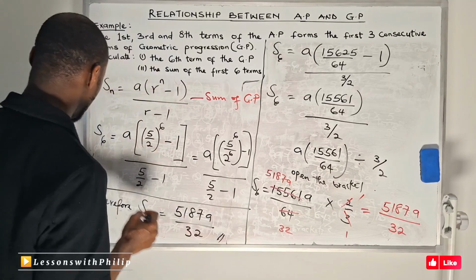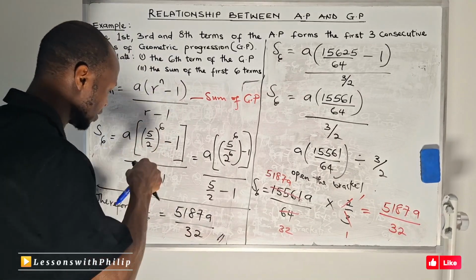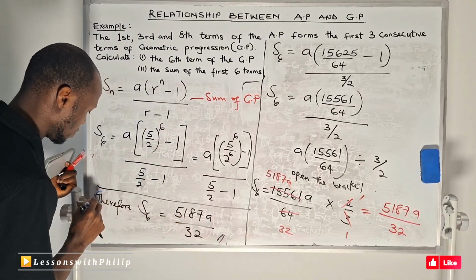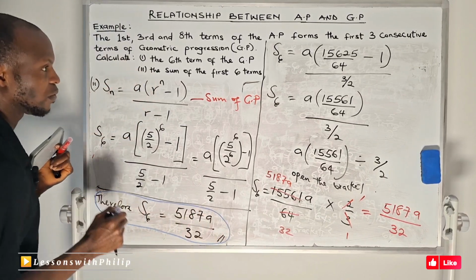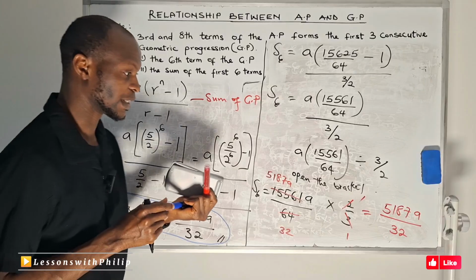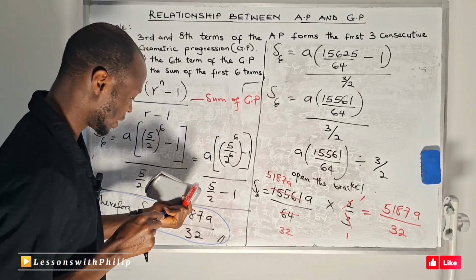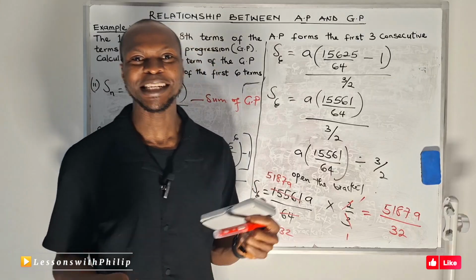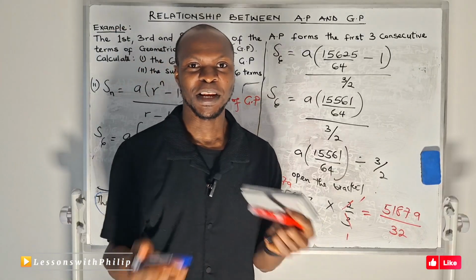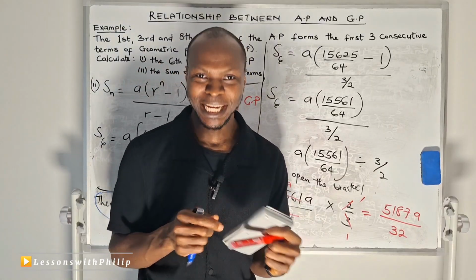Okay? And that is our last answer. Okay? I want to circle that so that you take notes. We have gotten the sum, we have gotten the 6th term, and then we have gotten the second question we asked, which is the sum of the 6th term. And this is the way we can relate our AP and our GP together.